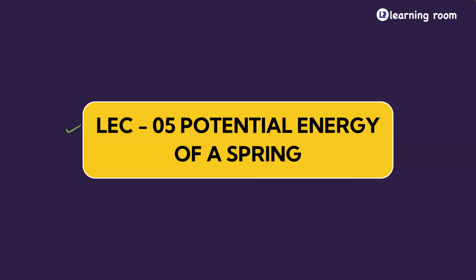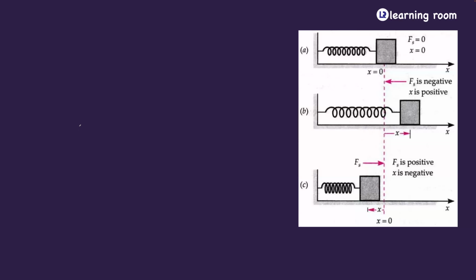So if you observe here, you have a spring which is connected to a block. Now, this spring is at its natural length. That is, there is no force acting on this.